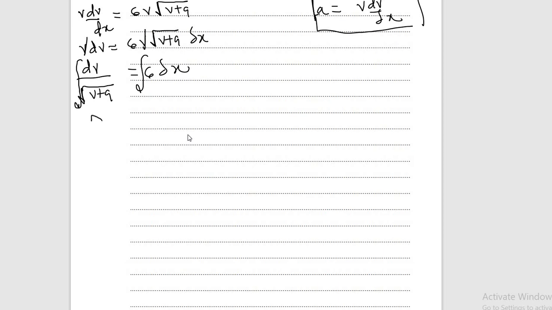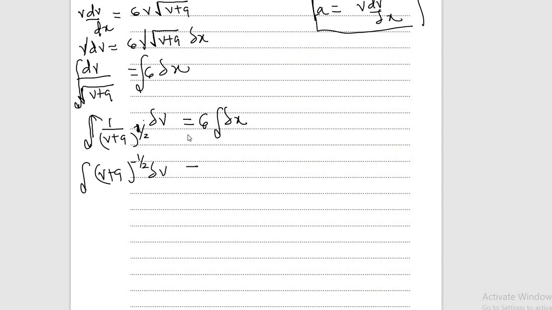This means the integral of (v plus 9) raised to the power minus half dv equals 6 times the integral of dx, which is 6x plus an arbitrary constant c.